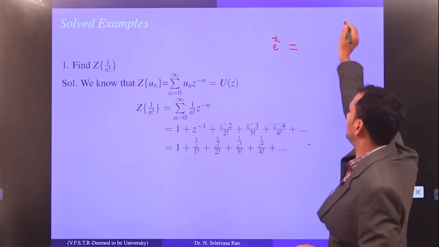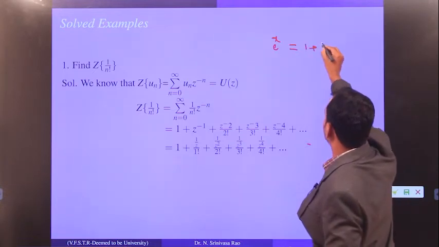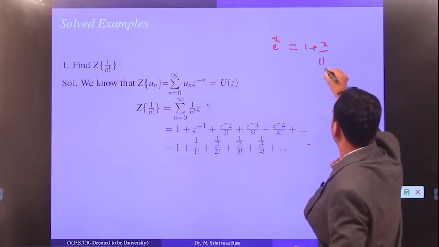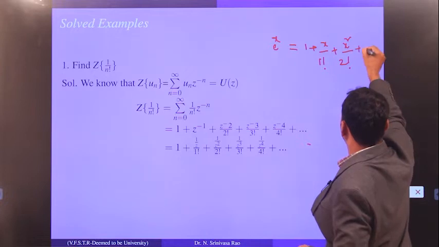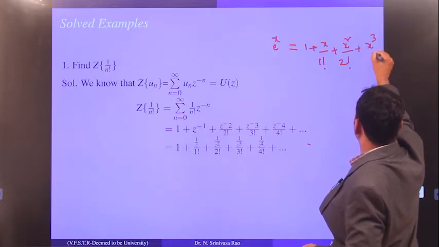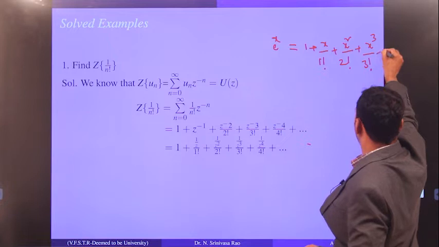The e power x expansion is 1 plus x by 1 factorial plus x square by 2 factorial plus x cube by 3 factorial, and so on.